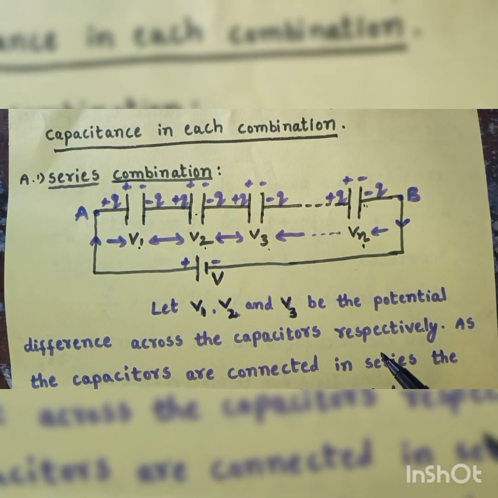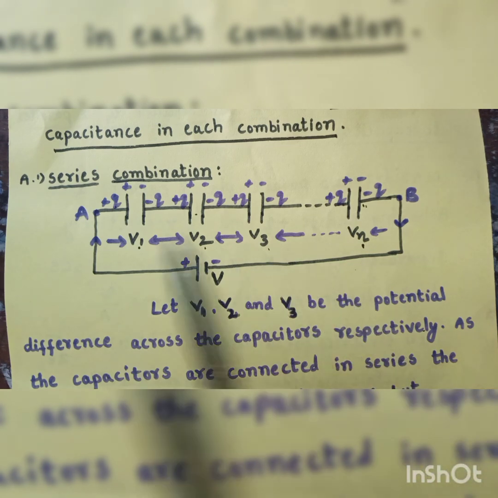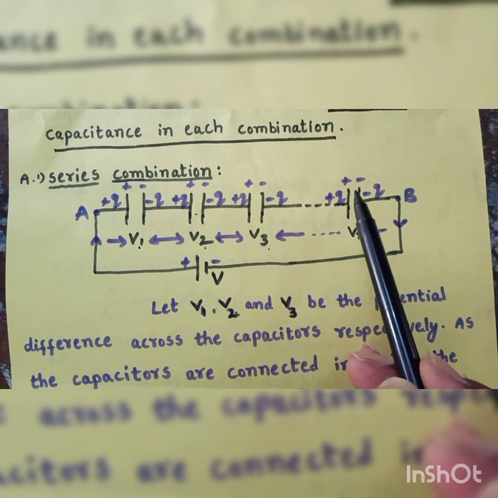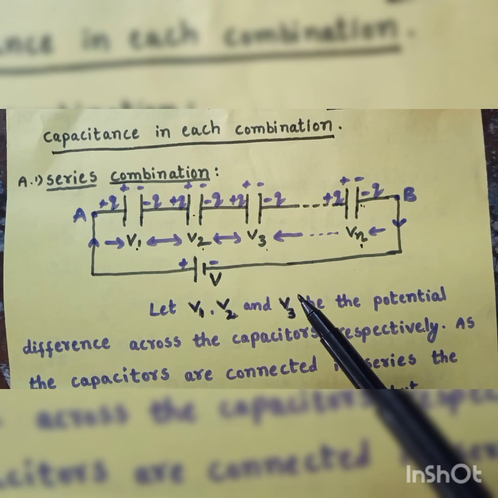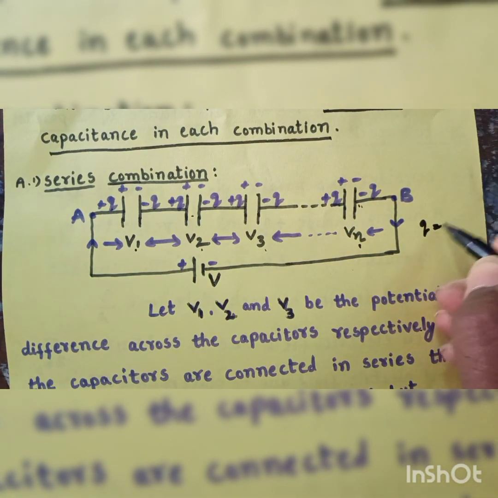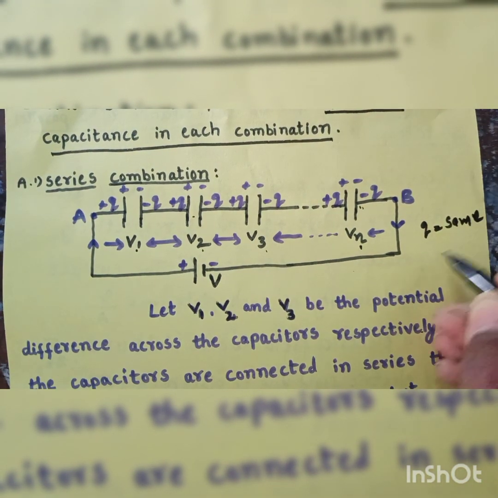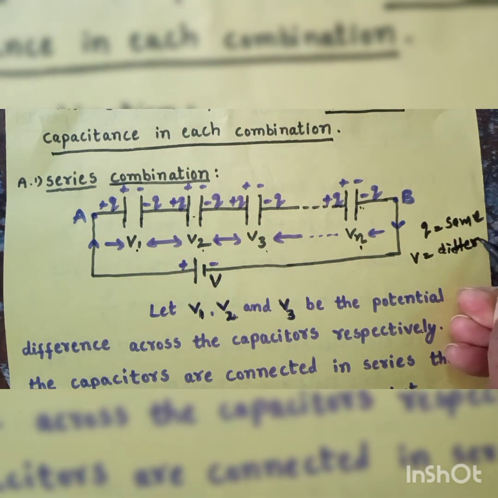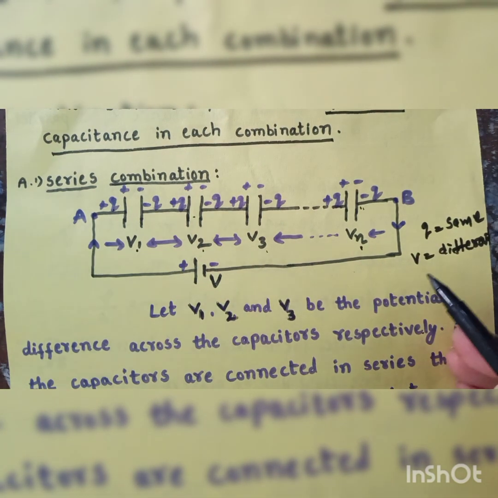Series combination. In series combination, the charge on each capacitor is the same. But what is different? The potential difference is different across each capacitor.